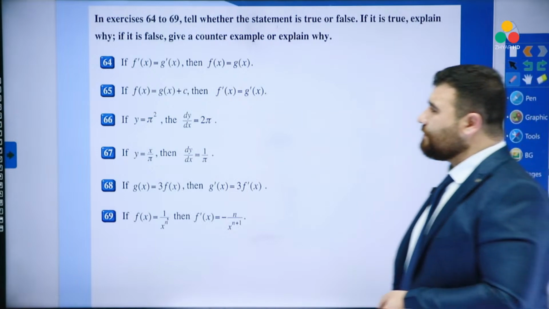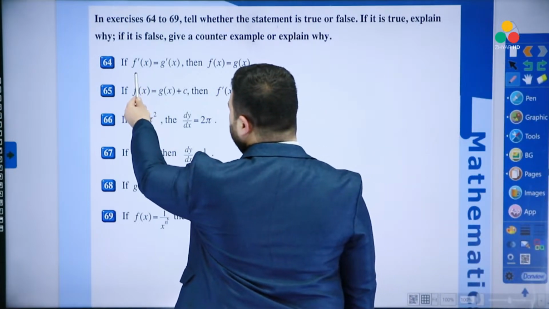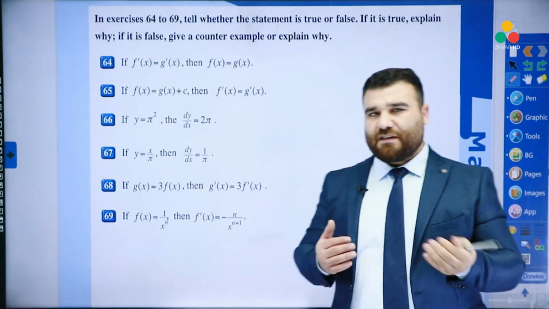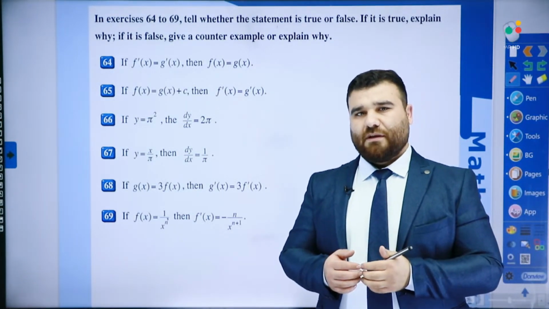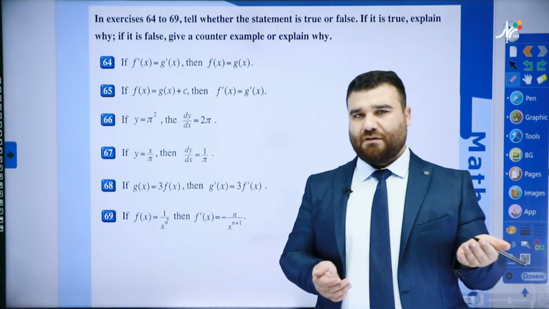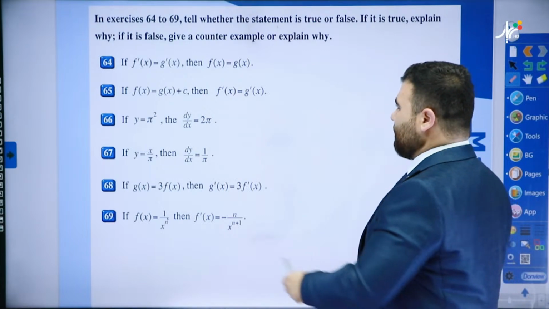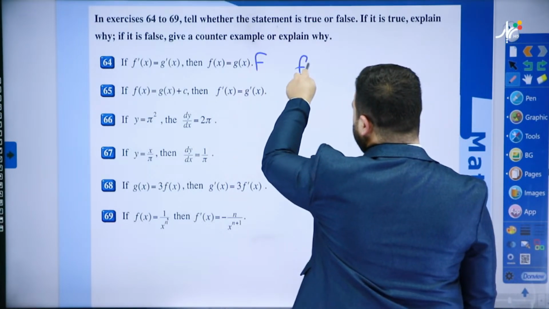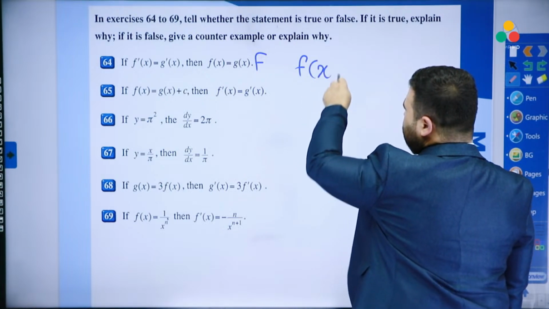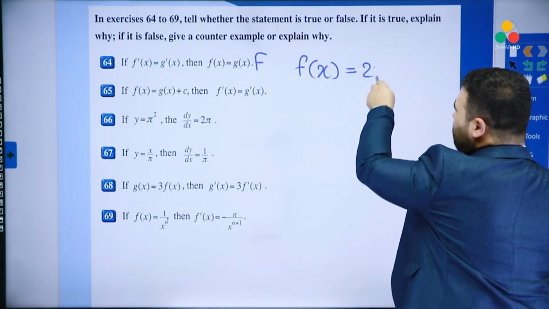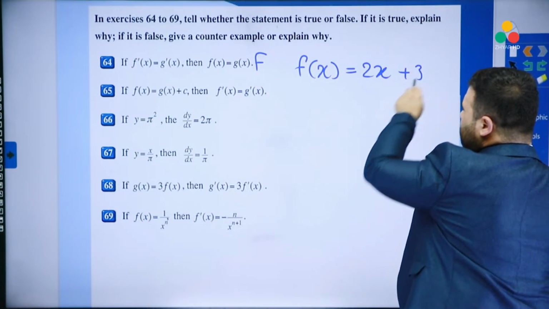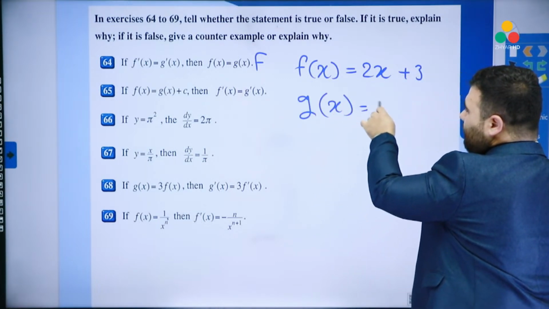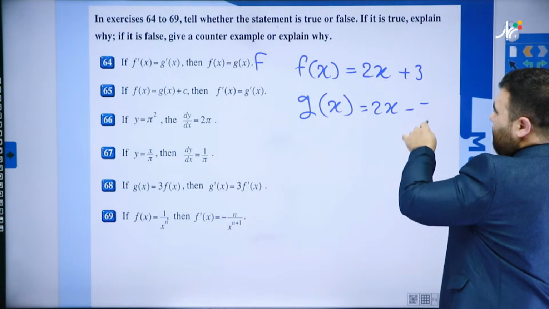Let's do it. If f prime and g prime are equal, it means the derivatives of two functions are equal. Does it mean that the functions are equal? The answer is no, so this is false. And we can have examples. If f(x) is equal to, let's say, 2x plus 3, and g(x) is equal to 2x minus 7.